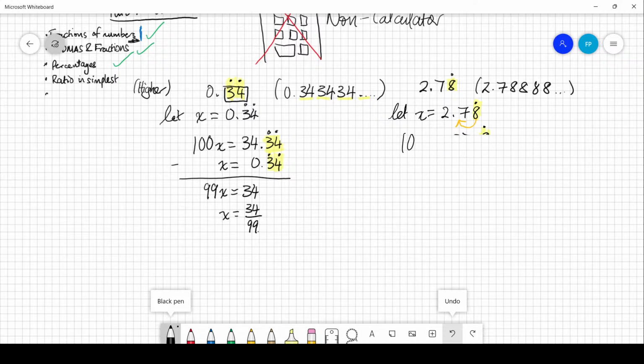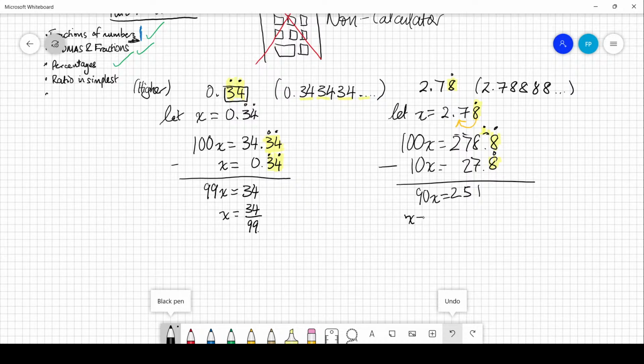So where we have our 100x equals 278.8 recurring, and then 10x equals 27.8 recurring, and we take these again. These two recurring bits get eliminated. So we're left with 90x equals 251.